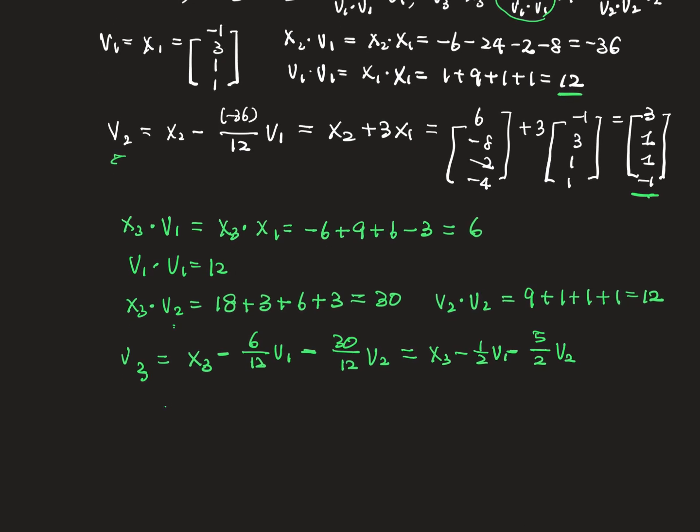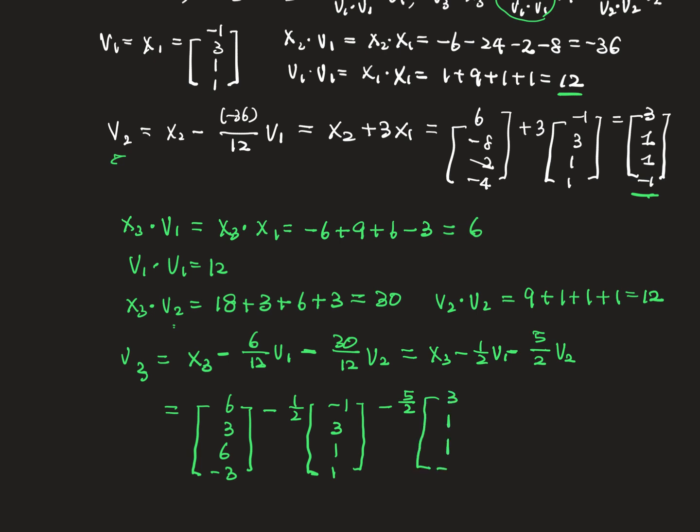So let's find it. The x3 vector is (6, 3, 6, -3), minus 1.5 times the v1 vector x1, (-1, 3, 1, 1), and minus 5 over 2 times the v2 vector (3, 1, 1, -1). You do all those subtractions. 6 plus 1.5 minus 15 over 2.